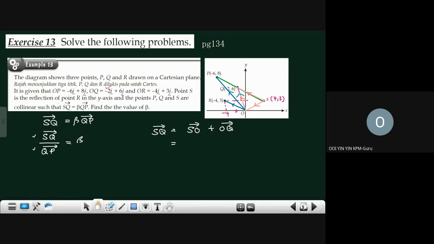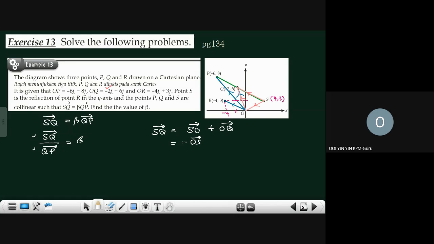Okay, 一定要 O to S, not S to O, remember. So that means if I want SO, I have to change to negative OS. 我要跟它反过来因为我有 OS 嘛, then 我 SO 要 change to OS, okay, negative. 所以前面一定要 negative.